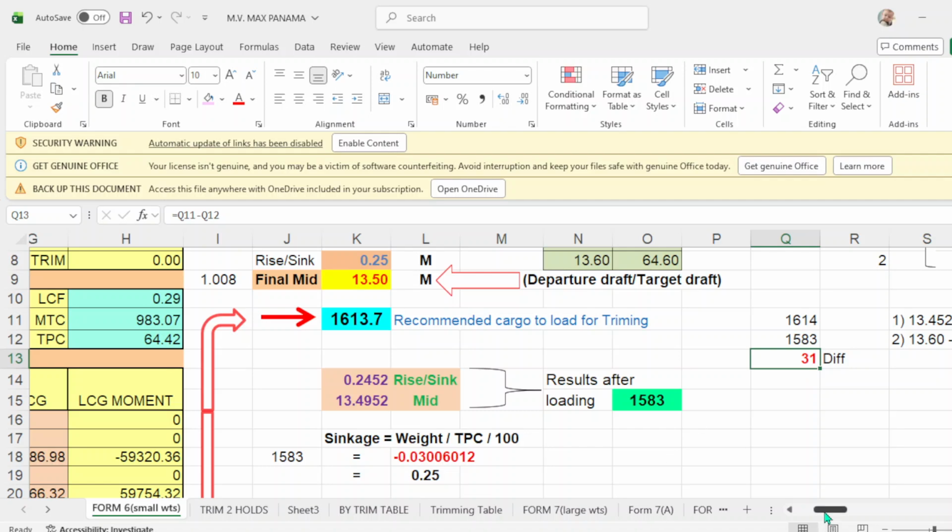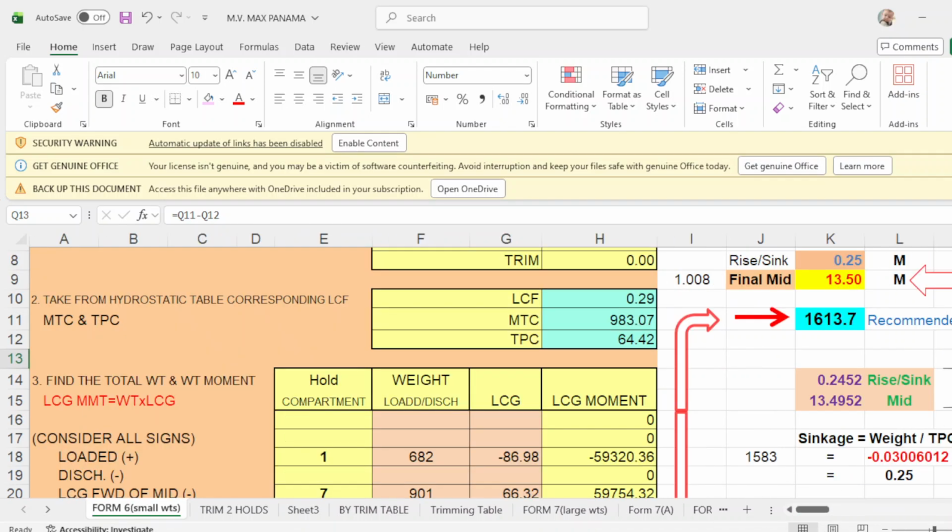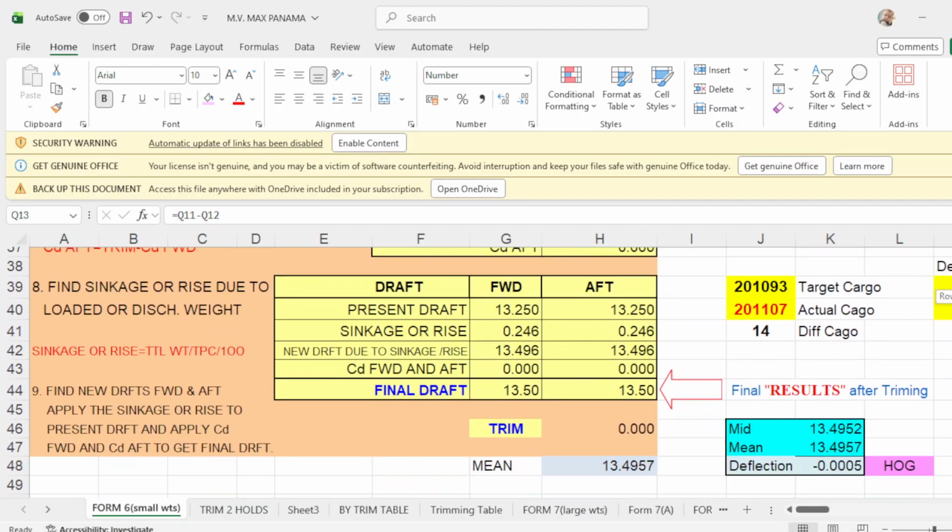But you will have the final drop of 13.5. Okay, I will show you again.